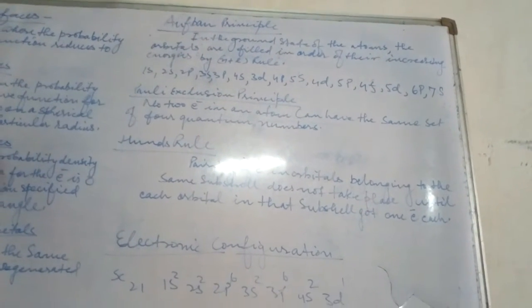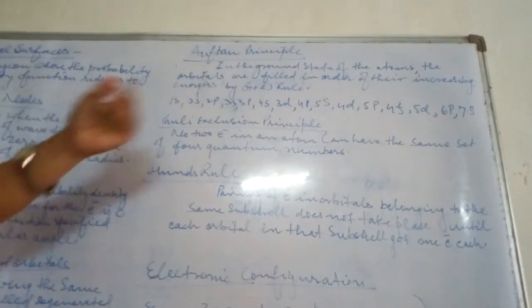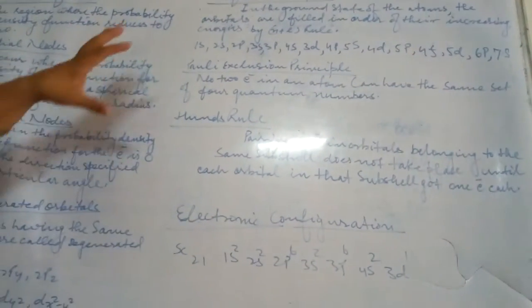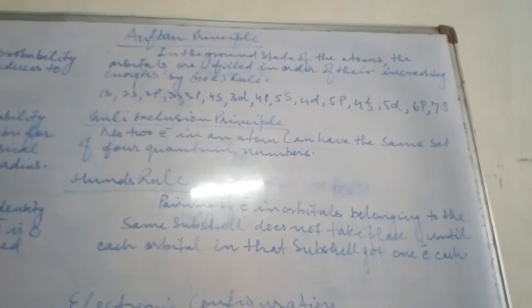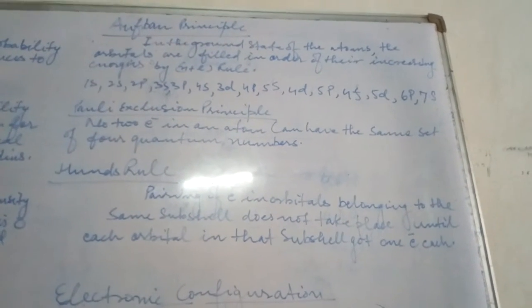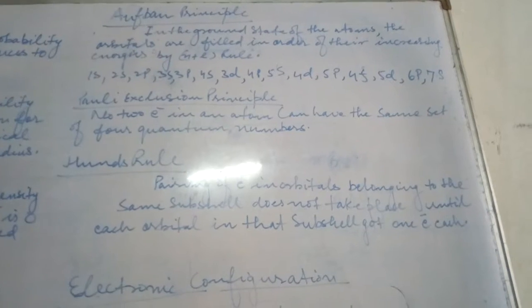Children, now one more thing I have to discuss here, Pauli's exclusion principle. According to Pauli, no two electrons in an atom can have the same set of 4 quantum numbers. Why is it so? Suppose both electrons possess the same principal quantum number, n is same, l is similar, and even m is same, but their spin will be different.